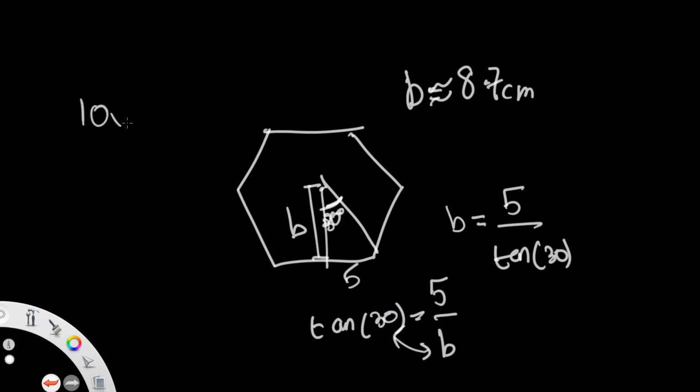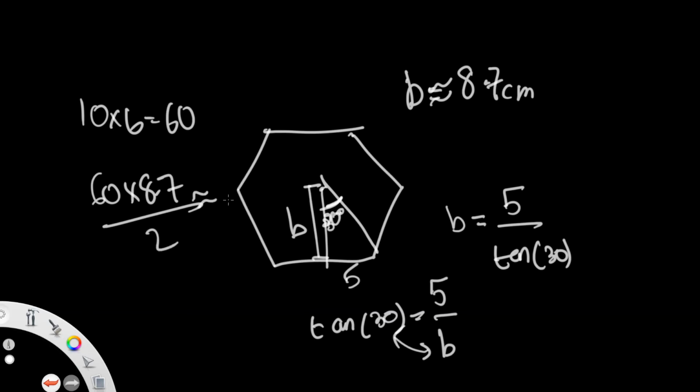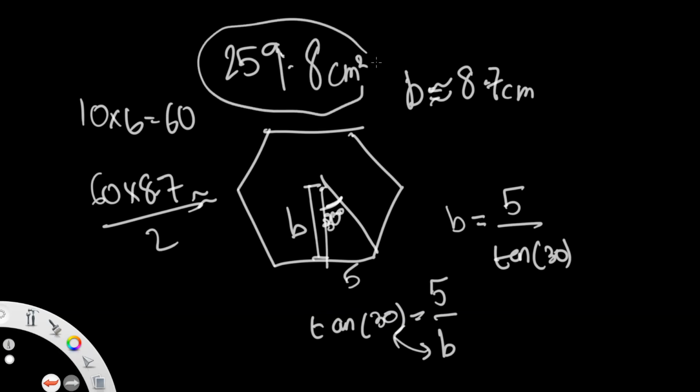So next we could find the perimeter. 10 times 6 gives us 60, and 60 times 8.7 over 2 is approximately 259.8 centimeters squared, which is the area of this hexagon.